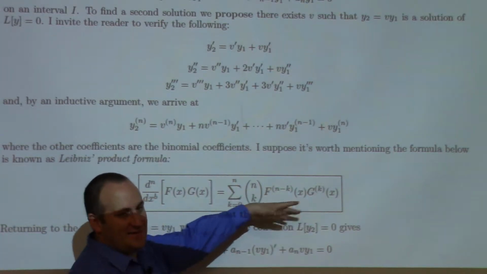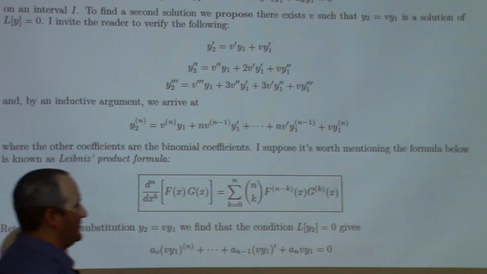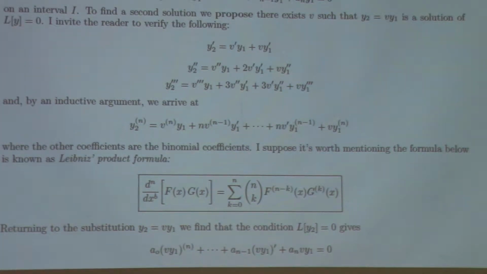It's like the binomial theorem essentially, but with derivatives. There are always n total derivatives, but you have n minus k on the f, and k left on g. So in total, you've got n derivatives on each term. That's the general n-fold product rule.